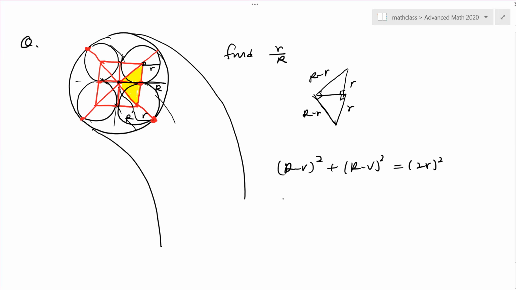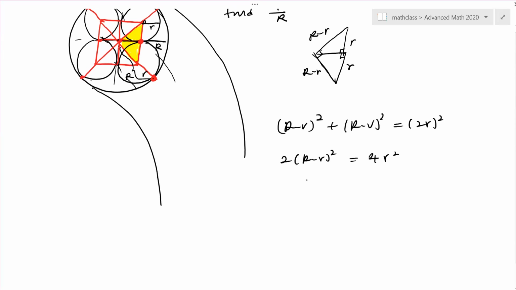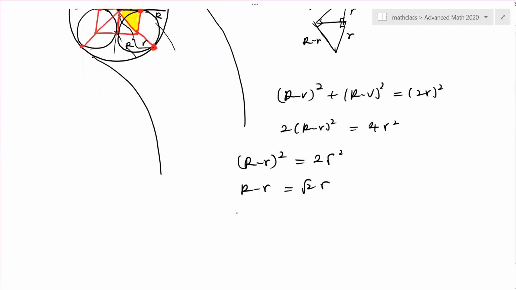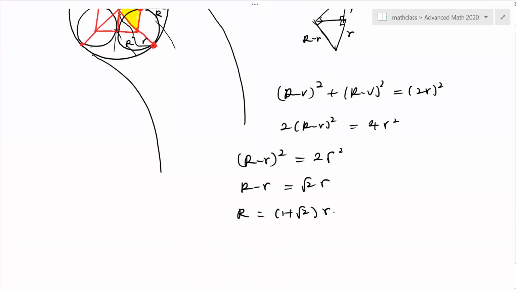Right? So two of this is 4R squared. Let me divide by 2. Then you take the square root. Then I have capital R equals 1 plus this. Okay, so therefore I find the ratio.